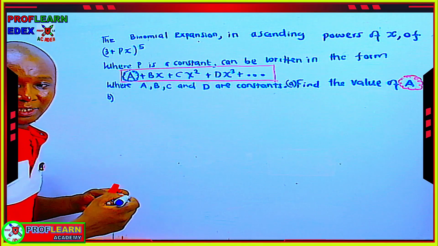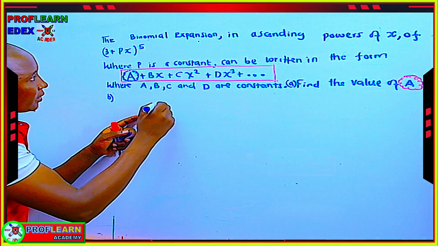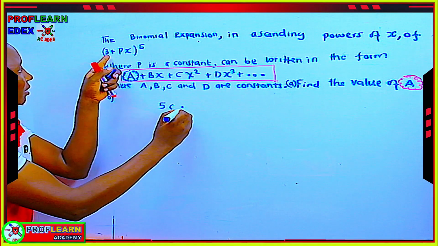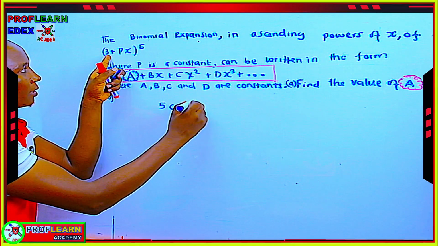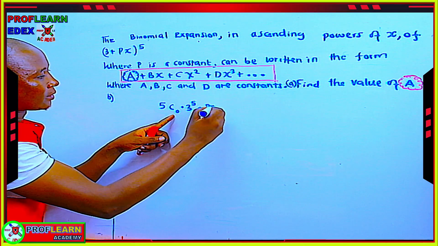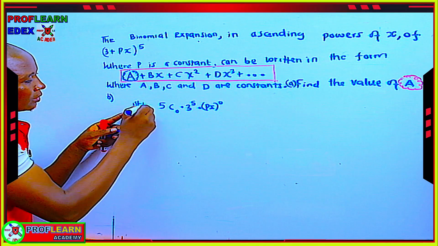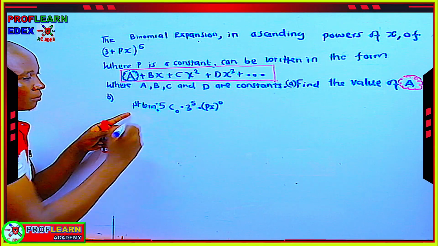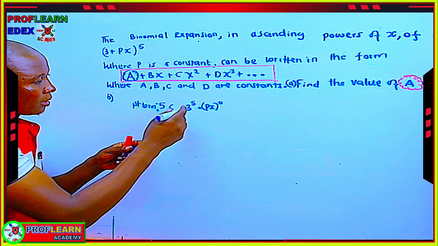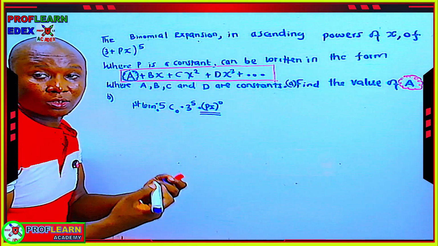And how do you find the first term? Remember, if you are finding the first term, we are going to say it's 5 combination 0 times this term that we have in here, 3 raised to power 5, multiplied by px raised to power 0. That will be our first term, which means we can put this in our calculator, having in mind that px raised to 0 is going to be 1, because a number raised to 0 is 1.